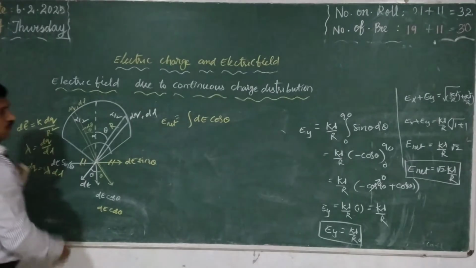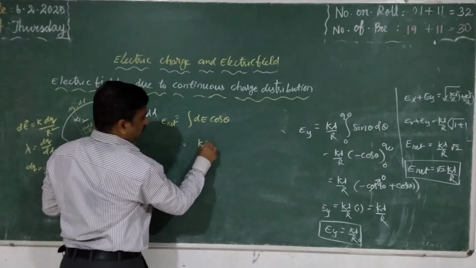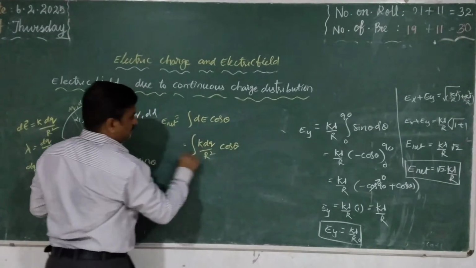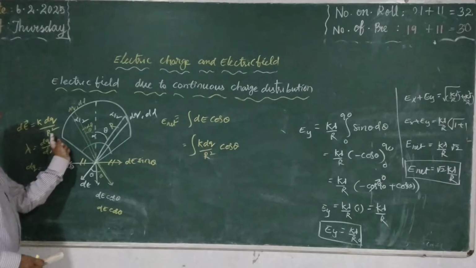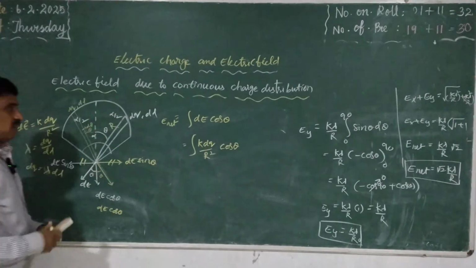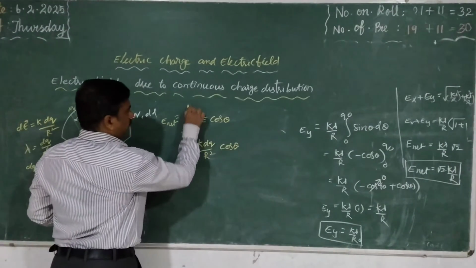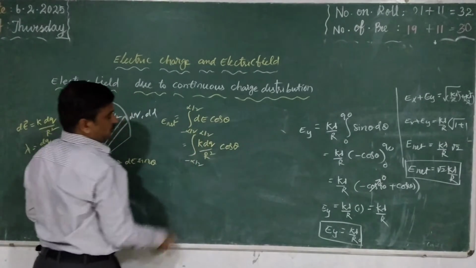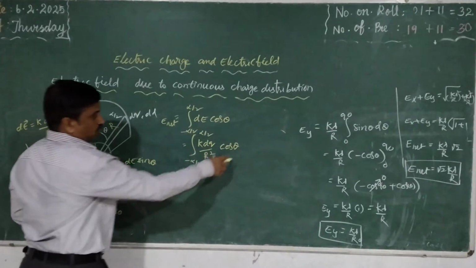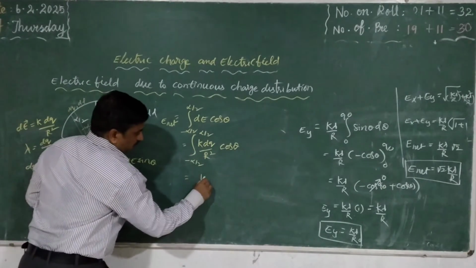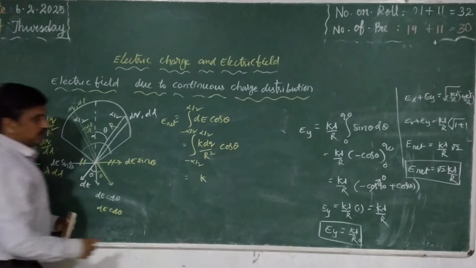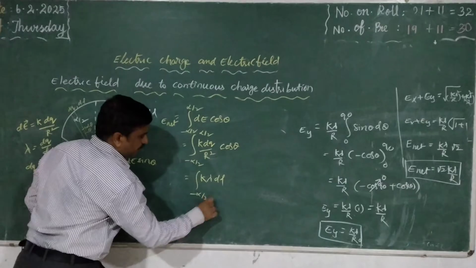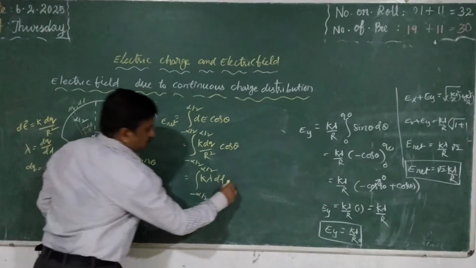So instead we can write integral of k dq by r square cos theta. What is the interval now? This side minus alpha by 2, this side plus alpha by 2, so minus alpha by 2 to alpha by 2. dq means lambda dl, so I write here lambda dl, with the interval minus alpha by 2 to alpha by 2, cos theta.